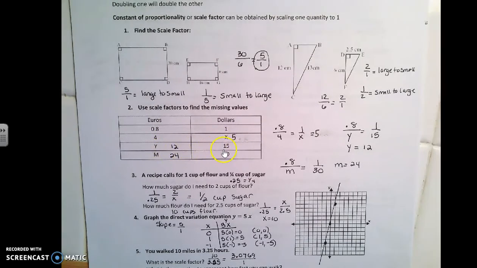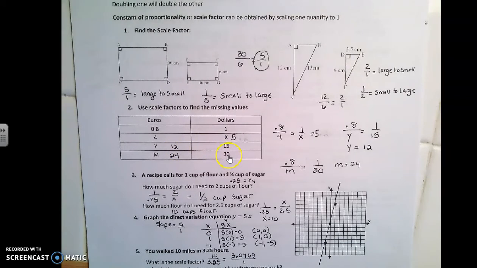I could do the same thing here. If I had $15 and I wanted to know how many euros that would equal, I could set up the 0.8 over y and the 1 over 15, and again I could cross multiply and end up with y is equal to 12. So that means that $15 would be equivalent to 12 euros.